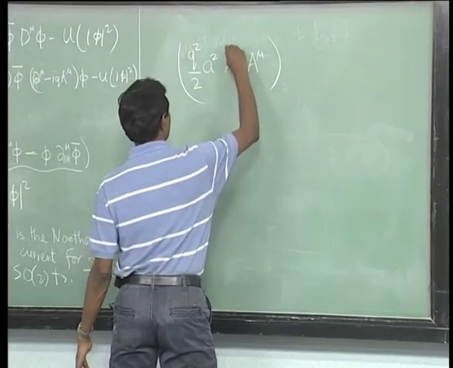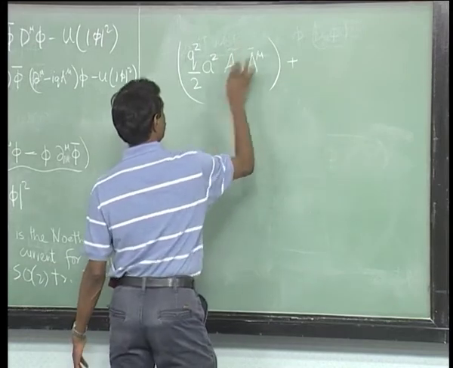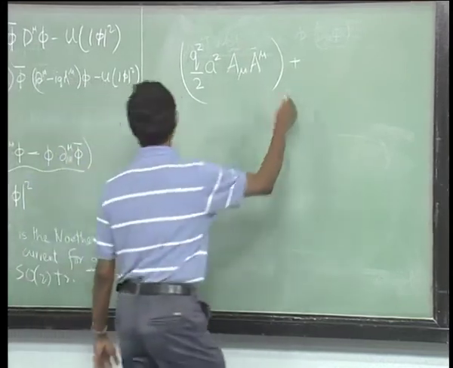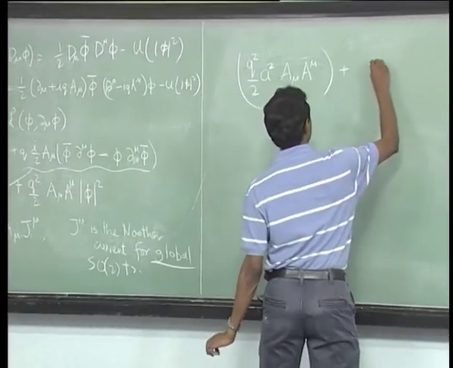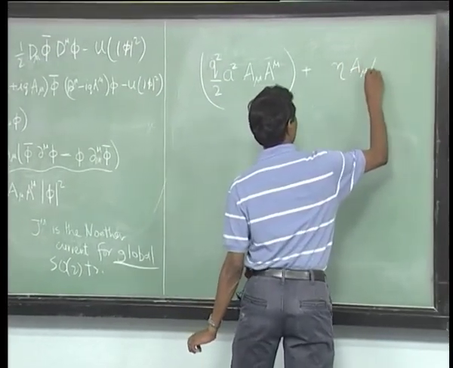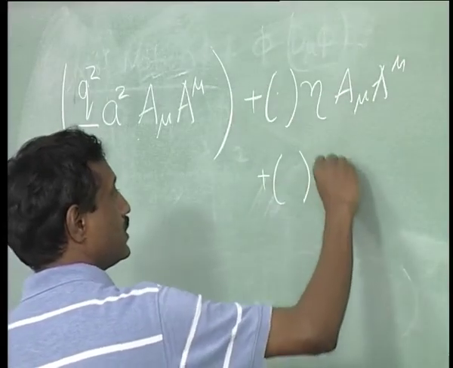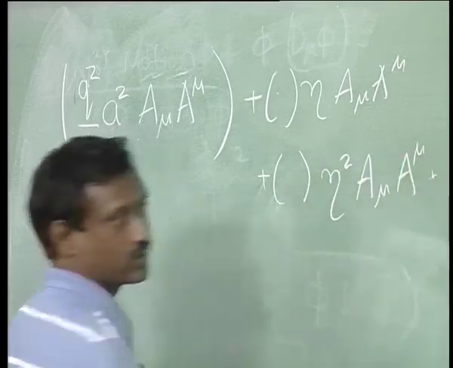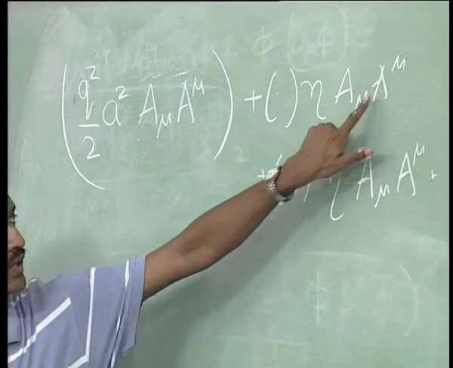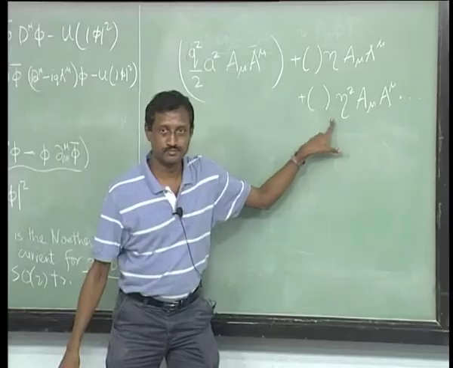So, you will get terms like this plus interactions, what I will call it. There will be a term which would look like eta A mu with some coefficient, plus another coefficient times eta squared. Okay. So, this is cubic in the fields, this is quartic in the fields.